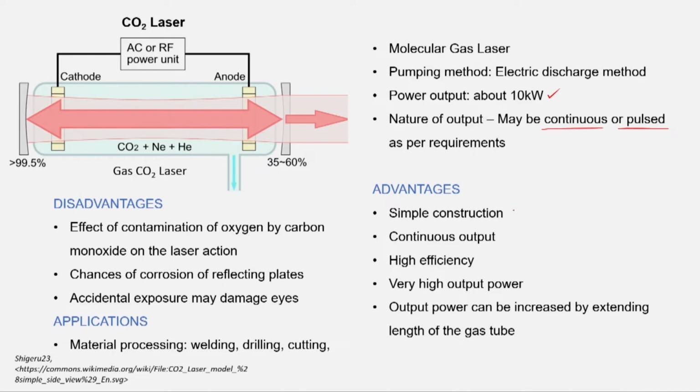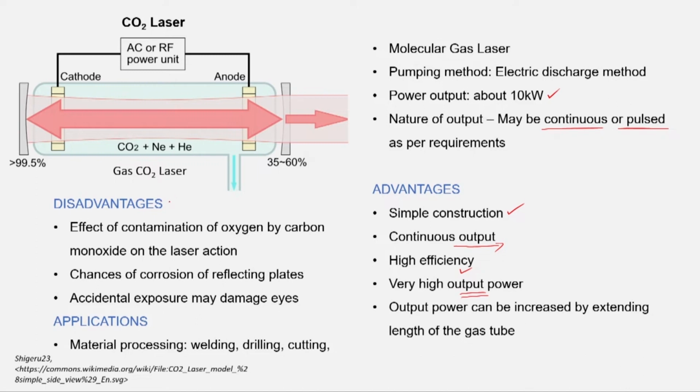The first is that the construction is simple. We are getting continuous output, which is required for continuous cutting in material removal processes. The efficiency in comparison with other lasers is high and we are getting very high output. Therefore, it is very popular in heavy industry laser based processing.